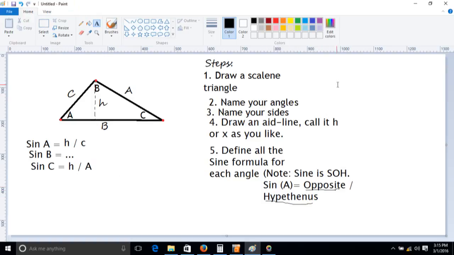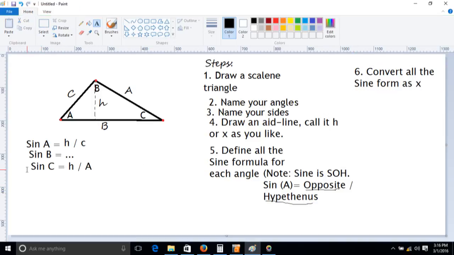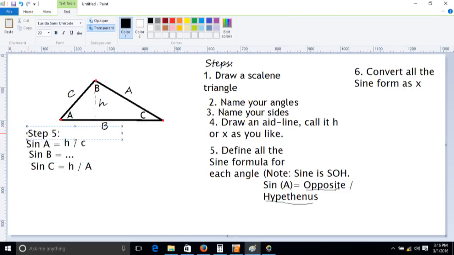So now step 6: convert all the sine formulas to H. This is step 5, right? And now we go to step 6. Make a space from step 5 to step 6.